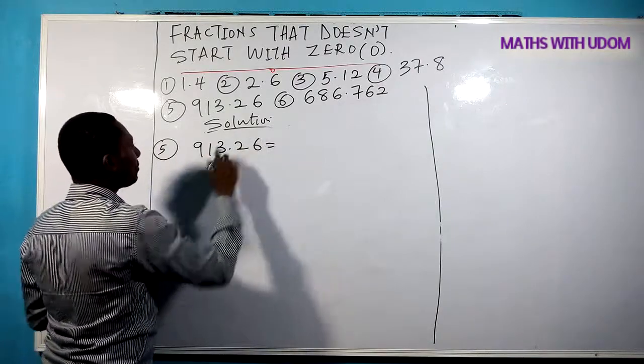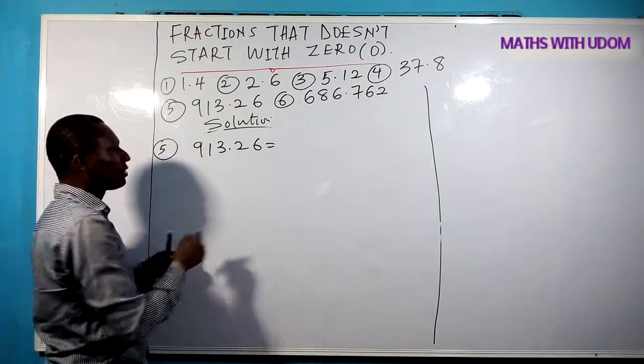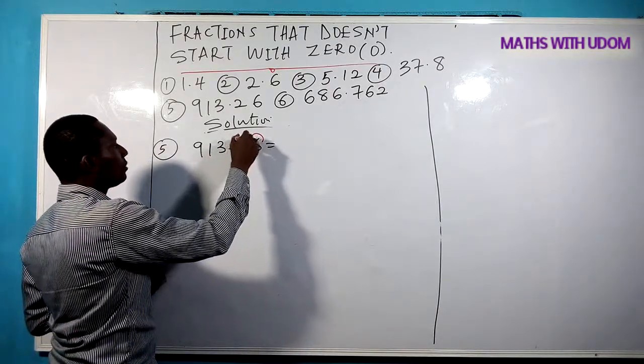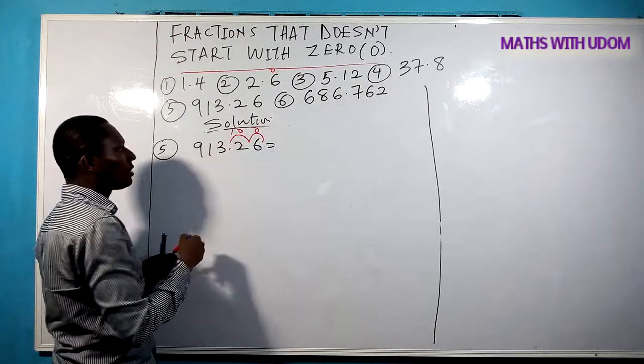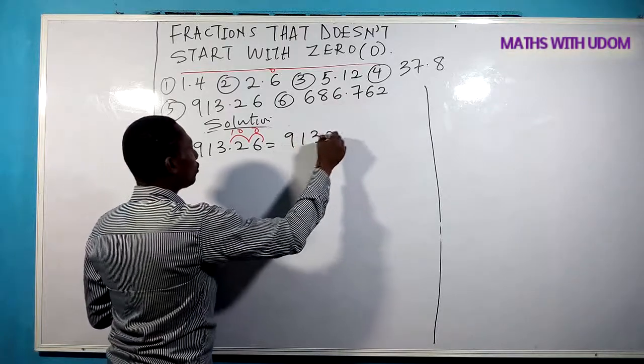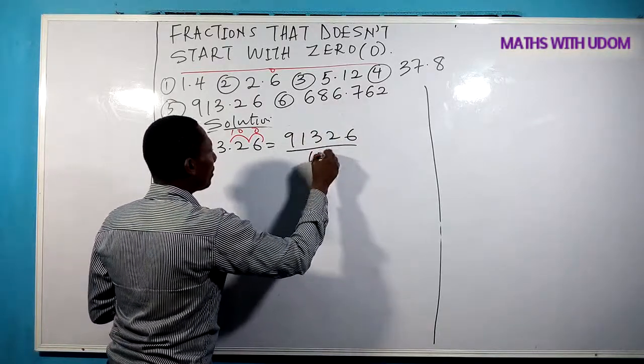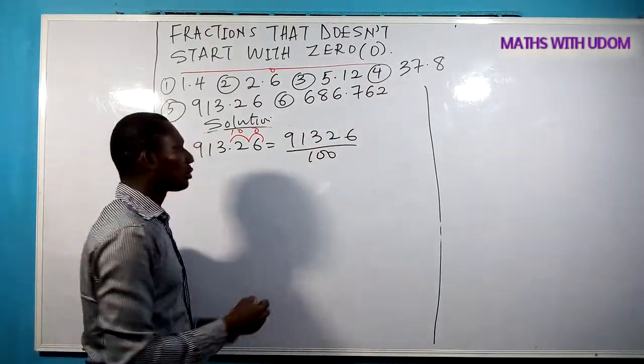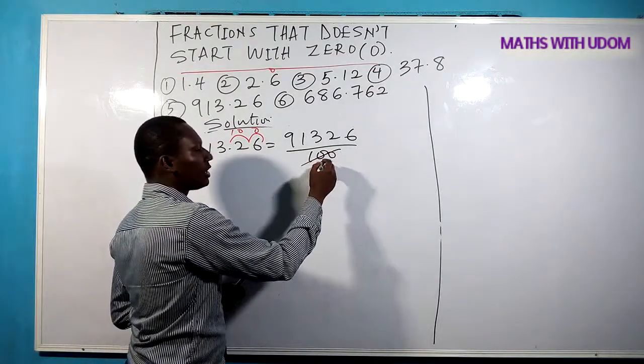This can be rewritten as 91326 divided by what? 1, 2, so we have 100. What can go through? 2 can go through. How many 2 can go in 100? 50.